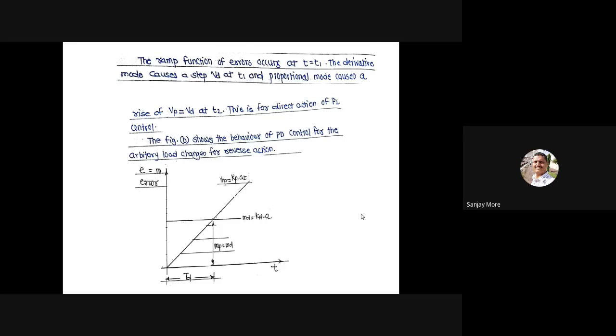Prajakta Survey. Okay. Third year B division, roll number 80.